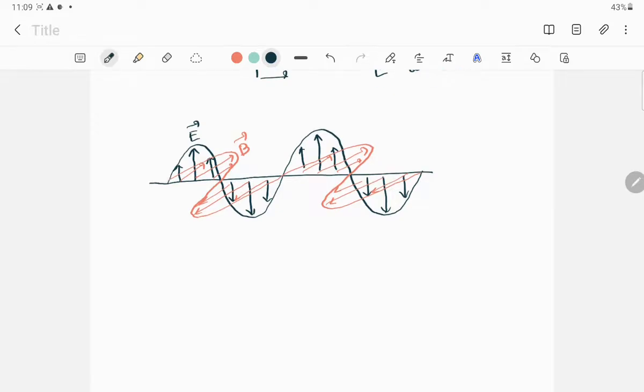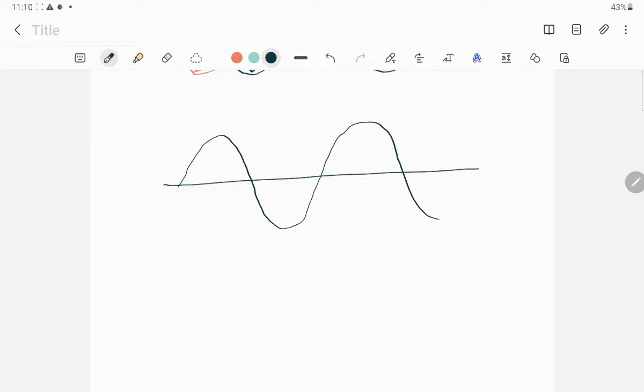Now, let us go back to the simplest form. We are going to understand what polarization is. Now I am only considering the electric field vector like this. This is the electric field vector.